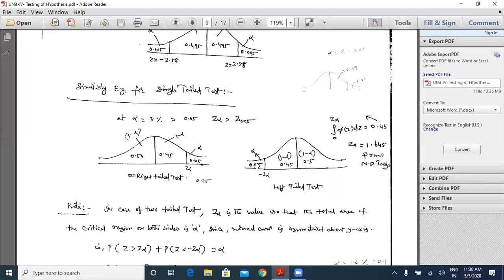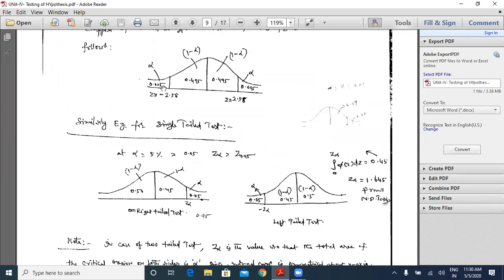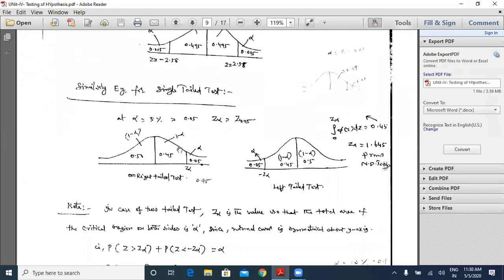Alpha is not split into alpha by 2 and alpha by 2 because it is a single tail. Whereas here, because it is a two tail, alpha is divided into two parts and shared on both sides in equal shares. So these two are the cases of right tail and left tail, single tail.